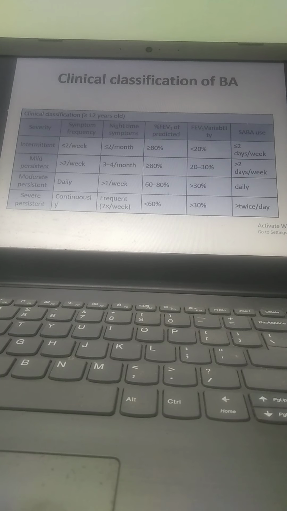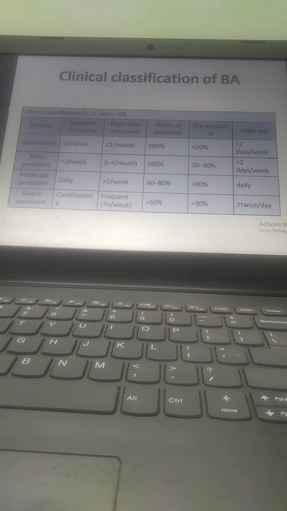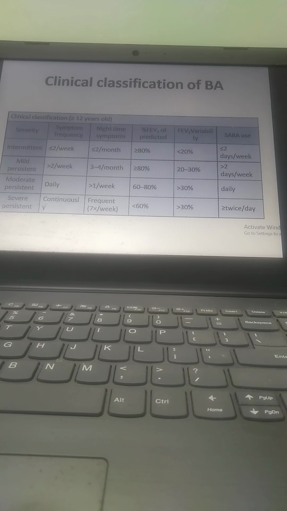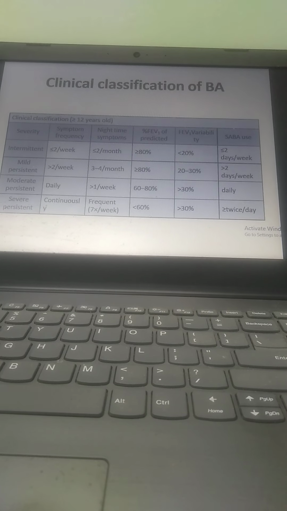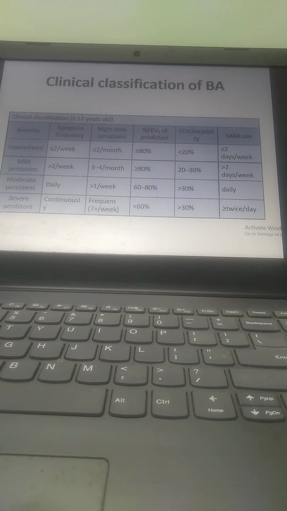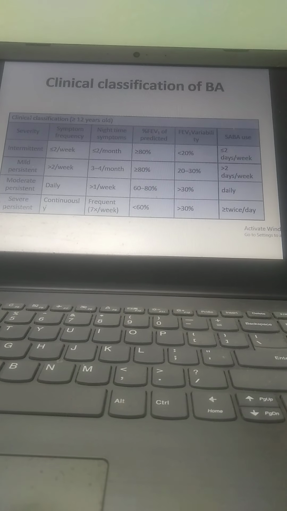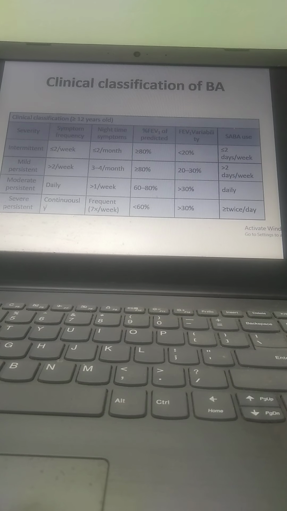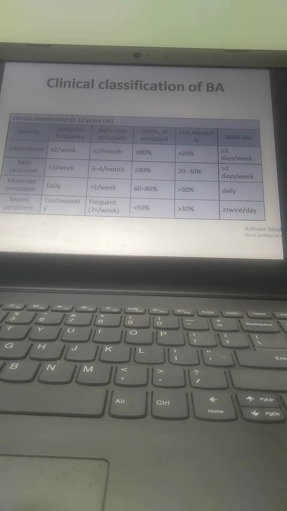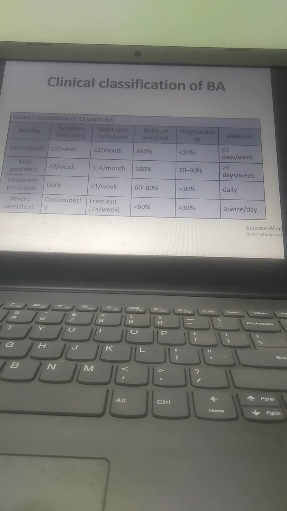As you know, we'll come to know the lung function. Lung function is the marker, and one of the parameters of lung function is FEV1. Then for moderate, the percentage is 60 to 80%, and severe is less than 60%. FEV1 variability less than 20% is intermittent, 20 to 30% is mild persistent, more than 30% is moderate persistent, and more than 30% is severe persistent.